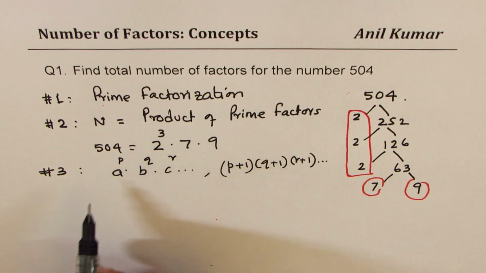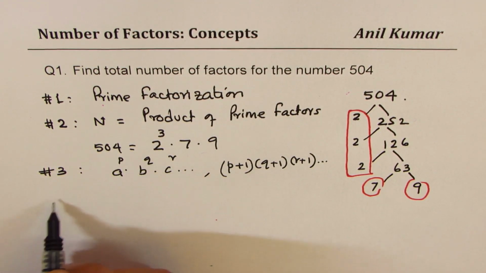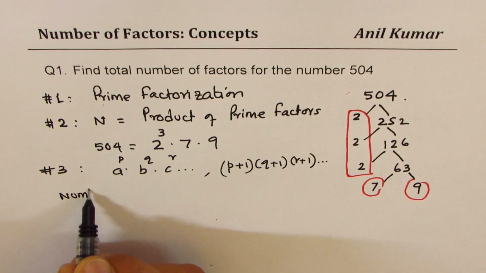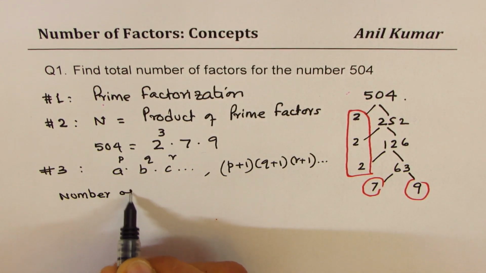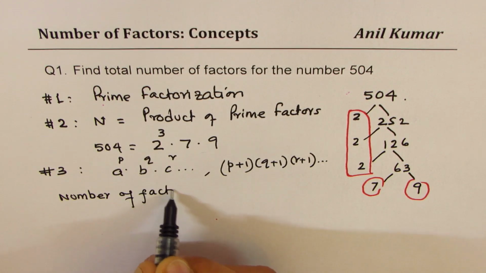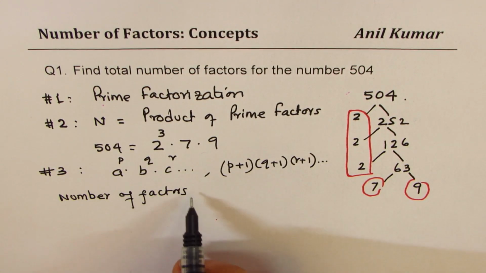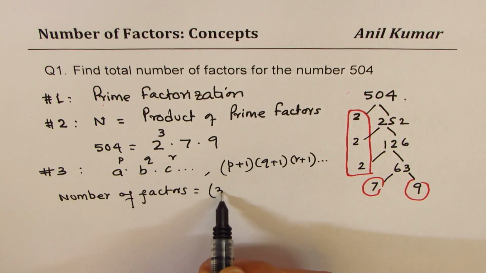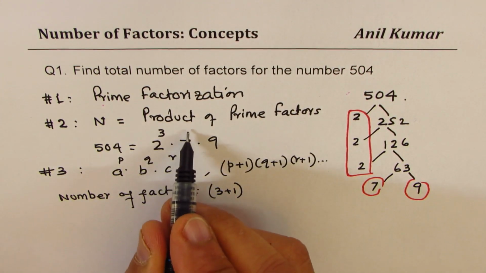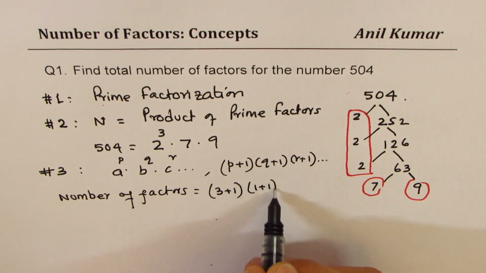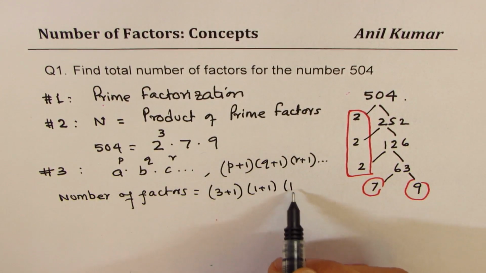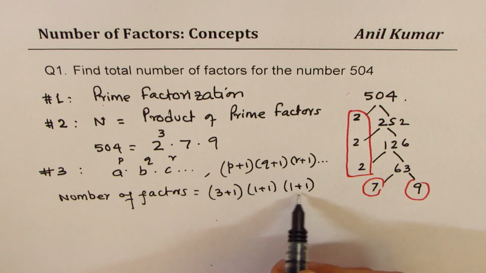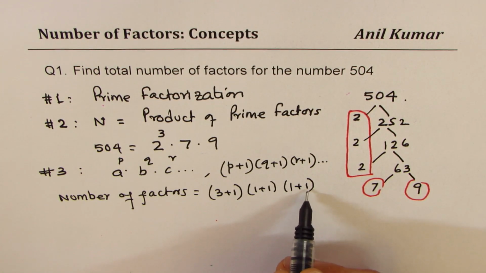So in our case, the number of factors is what? For 2, there are 3, so we'll write 3 plus 1, correct? For 7, there's only 1, so we get 1 plus 1. And for 9 also, we have a choice whether we take 9 or we do not take 9. That is how we get 1 plus 1.